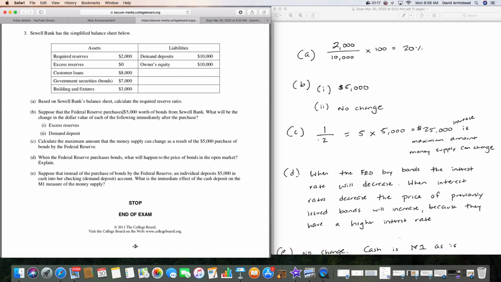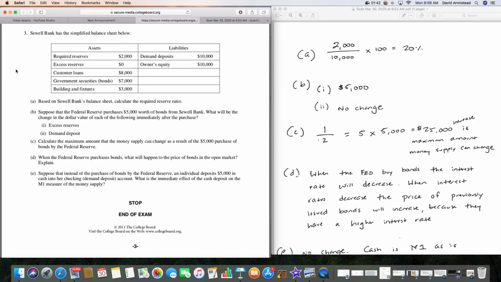Suppose the Federal Reserve purchases $5,000 worth of bonds from Sewell Bank. What will be the change in the dollar value of each of the following immediately after the purchase? Okay, excess reserves. Well, when the Fed comes in and buys $5,000 worth of their bonds, this is going to become $2,000 because $5,000 worth of bonds is leaving the bank. It's going to the Fed.